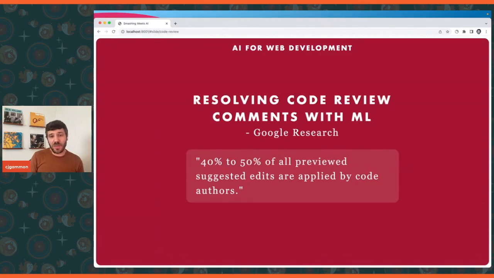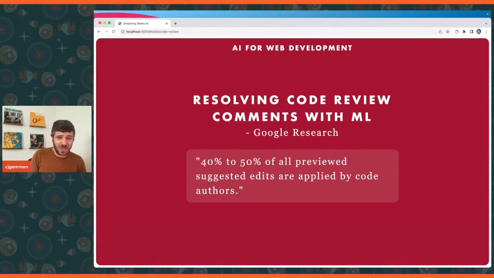There's also this study done by Google Research where they took a bunch of comments that were given to pull requests within code bases, and they used AI to automatically try and resolve all of these comments within these PRs. And 40 to 50% of all of the preview suggested edits were applied by the code authors within this study.